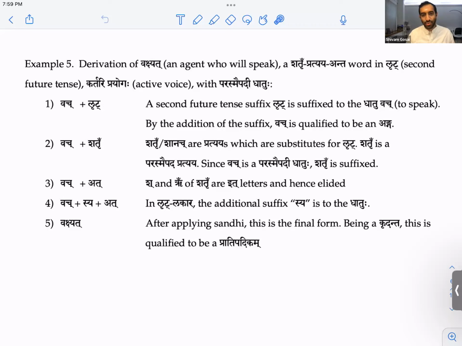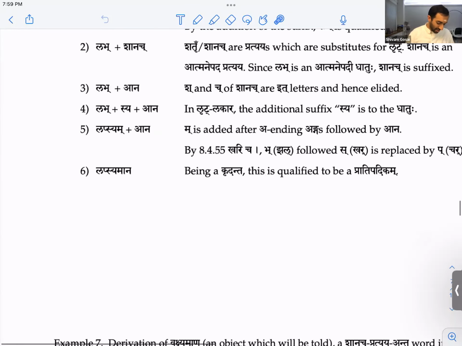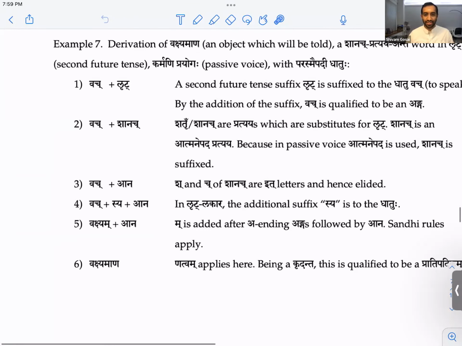Because this Vach is 1P, because it's in Karmani Prayoga, we're taking Śānac. That's the only reason why. So you get Vakshat if it's Kartari Prayoga, or you get Vakshamana if it's Karmani Prayoga. Because this is a Parasmaipadi dhatu.